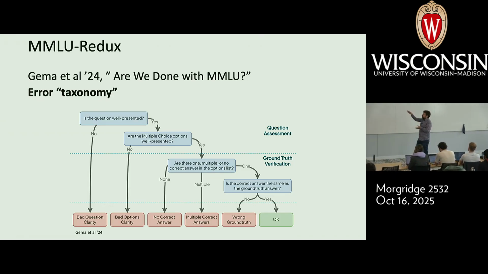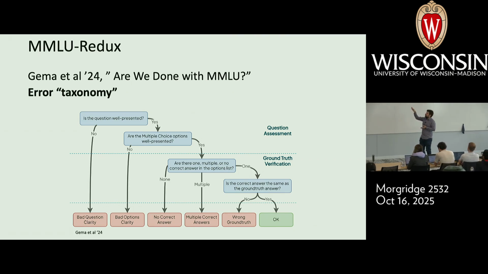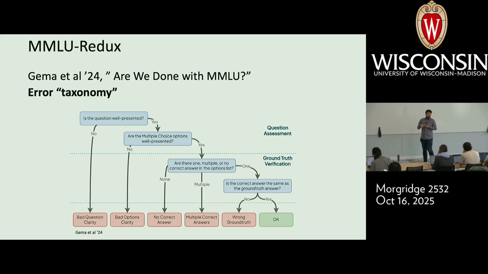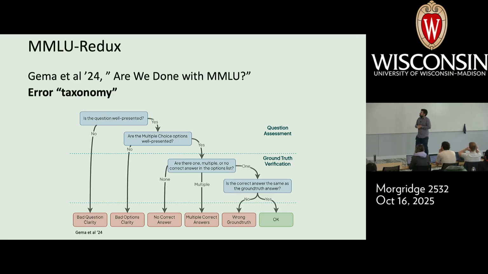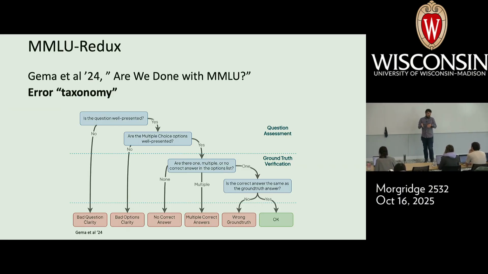Essentially, they have this top-down flow where they start from a problem, and they say, OK, let's first check if the question has decent presentation, is it posed correctly at all. And if not, then you either throw it out or you have to clarify it from the top. Let's check to make sure that all of the answer options make sense, right, and are coherent. And if not, you have to fix those. Let's check to make sure that there is at least one correct answer, but not more than one, right?